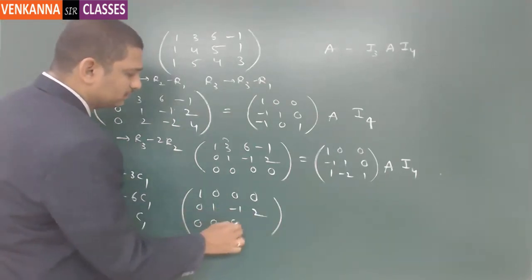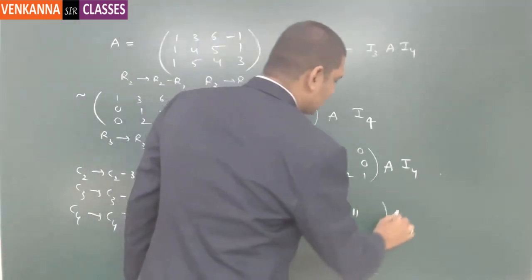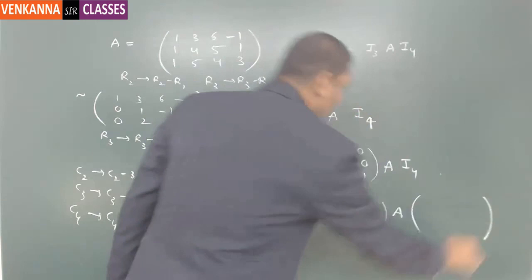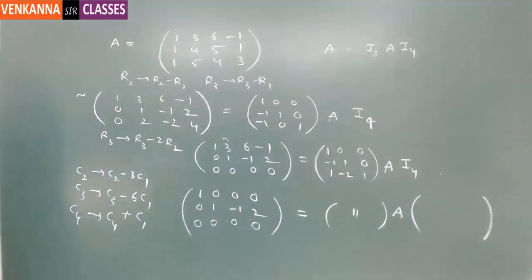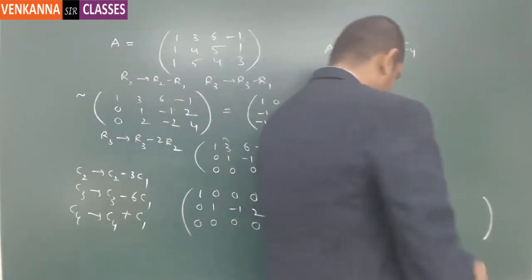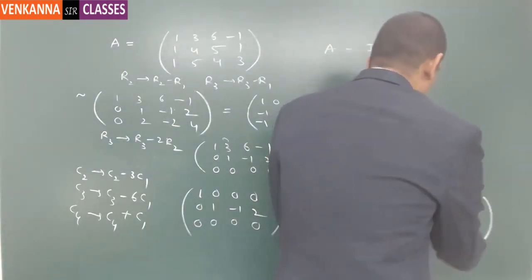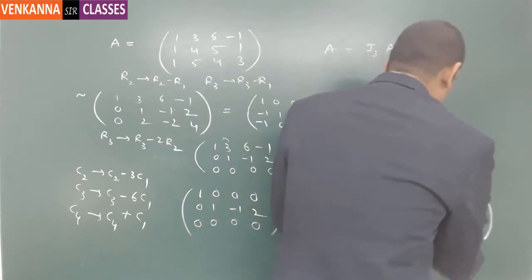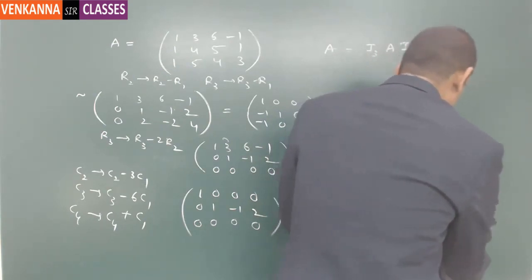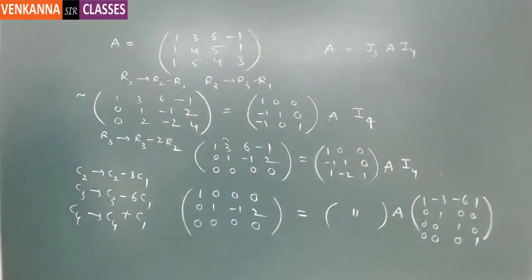Already this is 0. And this factor will remain as it is. This is A. And for I4, you are going to get a new matrix as 1, minus 3, minus 6, 1, 0, 1, 0, 0, 0, 0, 1, 0. So that was the post factor.